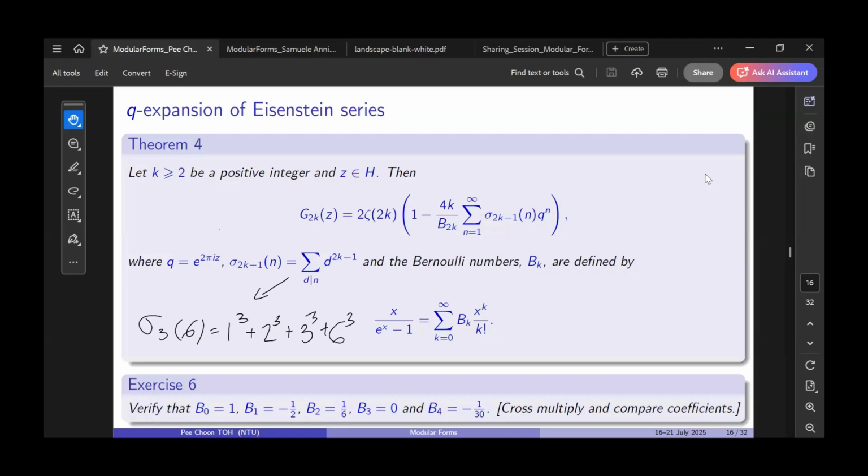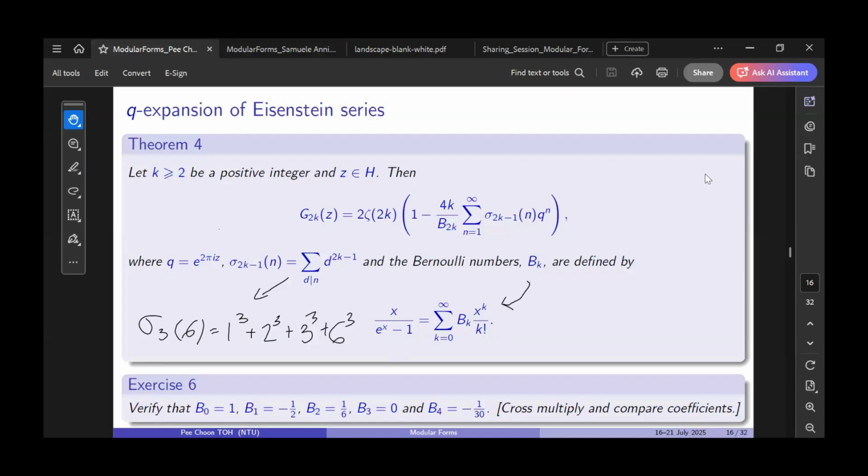And the Bernoulli numbers B_k, which are defined by the sum of B_k times x to the power of k per k factorial, the expansion of x per e^x minus 1.